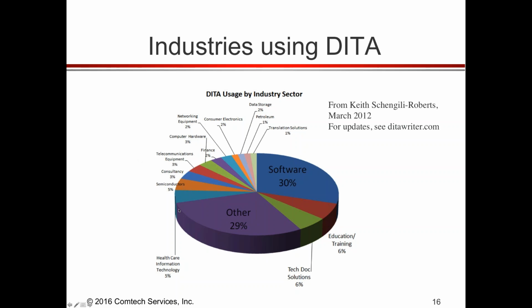And notice that there is also, however, this huge chunk of other, almost equal to the 30% in software. And if you look at Keith's list of other, you're going to find HR departments and people in education and all sorts of things that you might not expect.